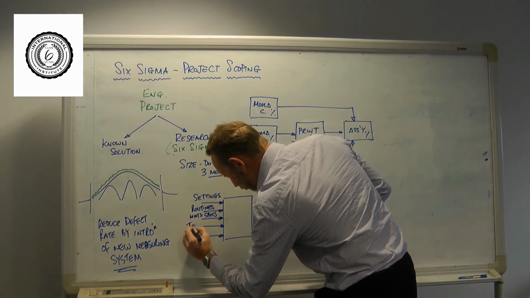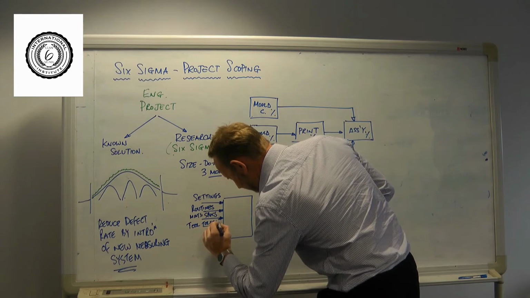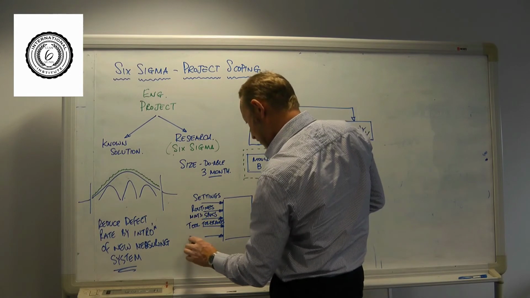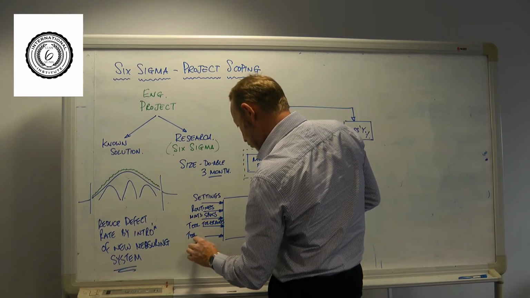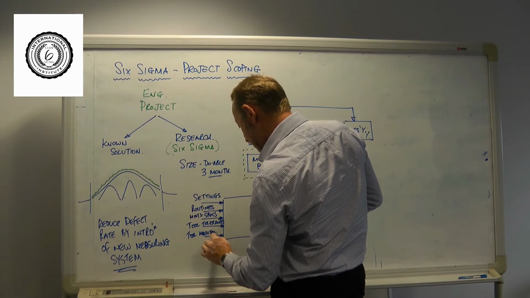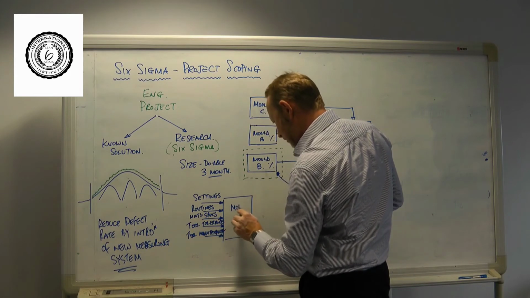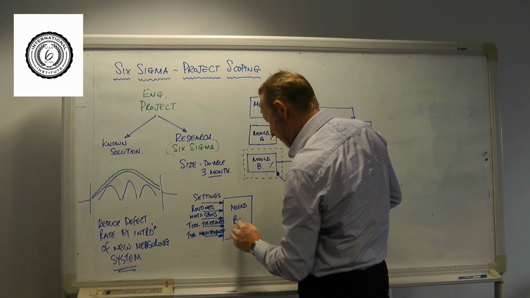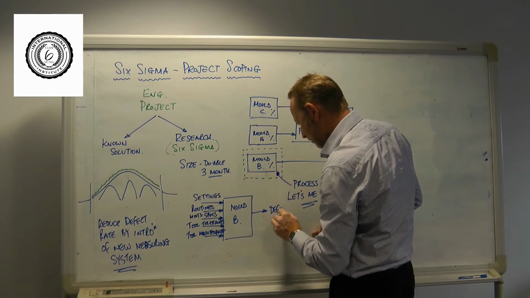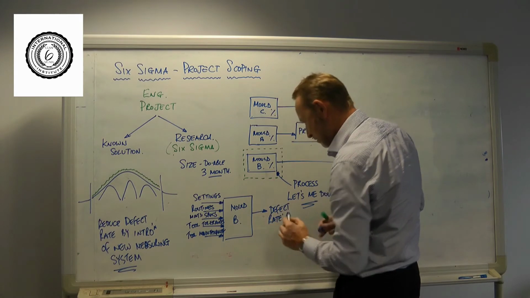We could have tool tolerances, and let's have a look at tool maintenance. Okay, so all sorts of variables that go to mold B and cause the problem that we've got, the defect rate.